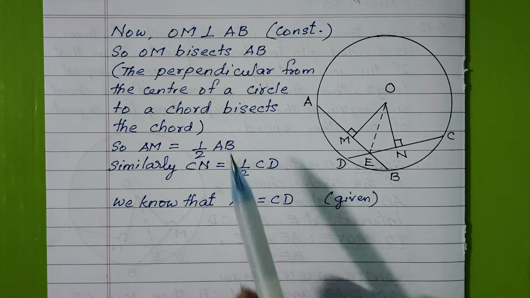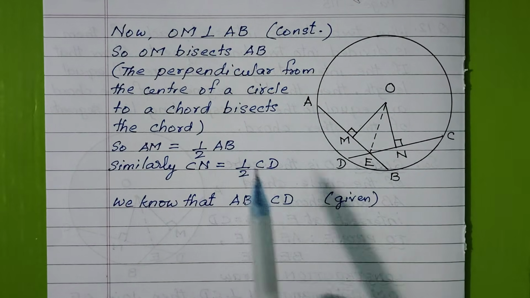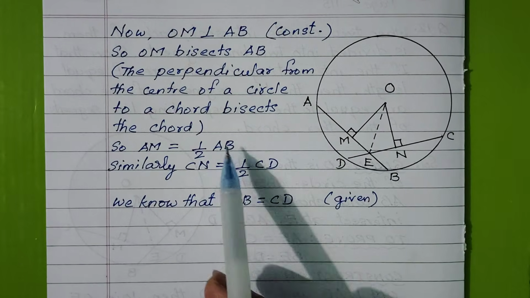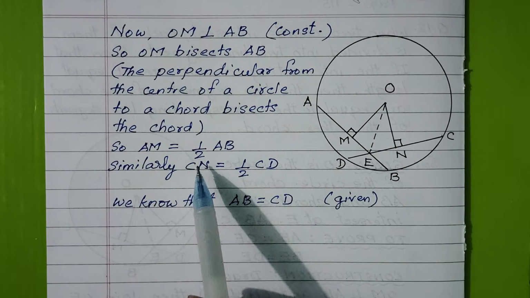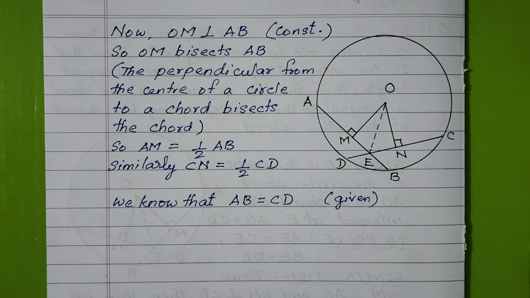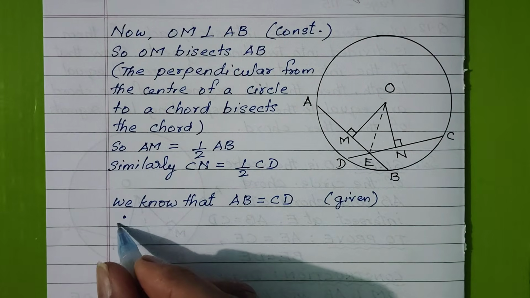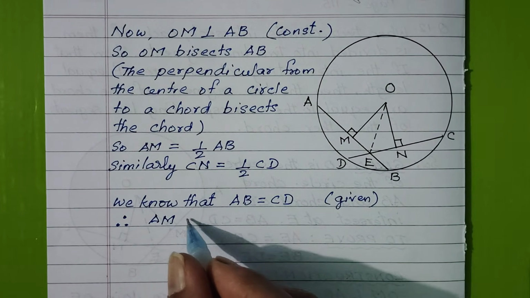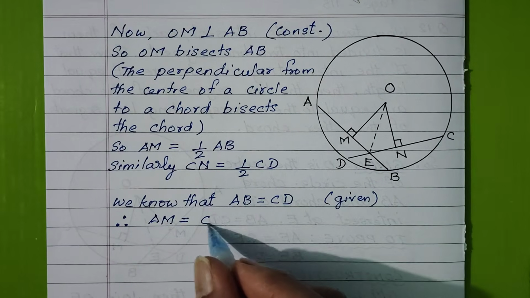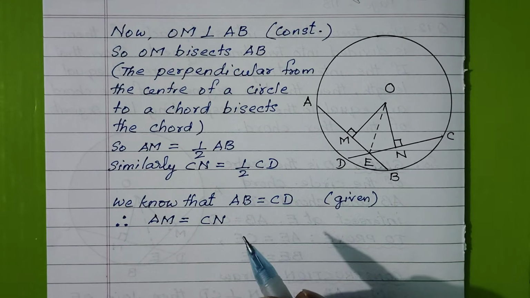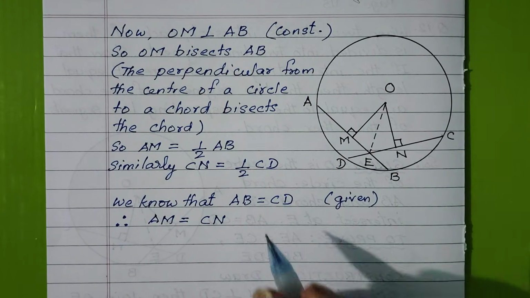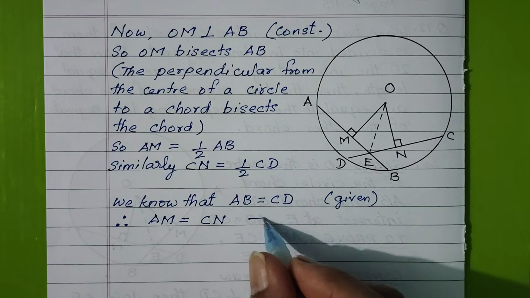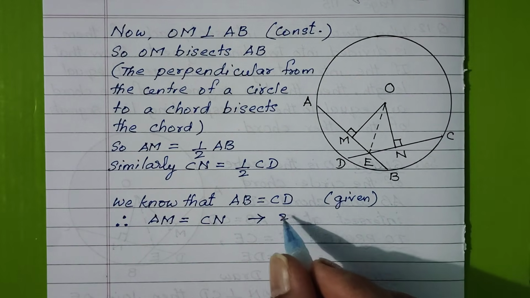AM is half of AB, CN is half of CD, and AB is equal to CD. So AM will be equal to CN. Therefore, AM is equal to CN. I will name this as equation number 2.